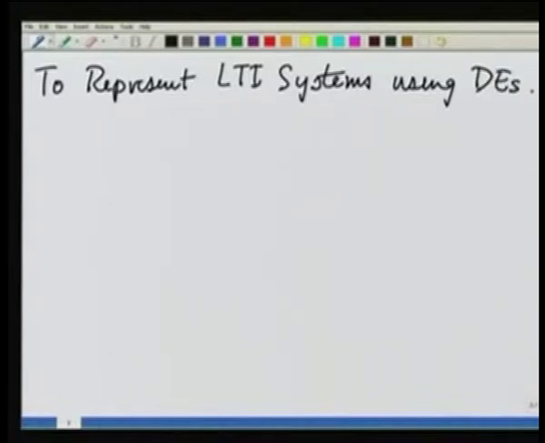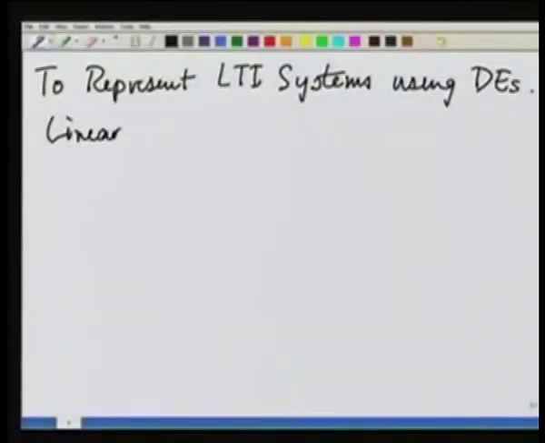As long as we confine our interest in differential equations only to representing LTI systems, it turns out that we can keep away from most differential equations except those of a certain narrow kind.